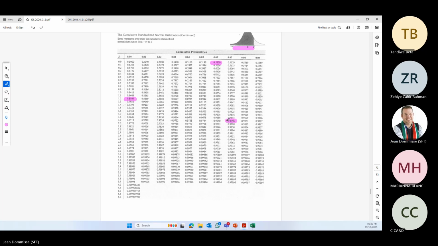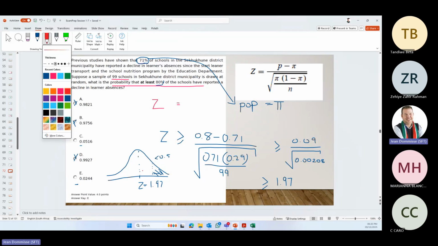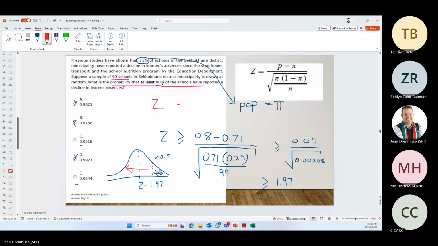So 0.9756. But that is this area, so look at where it is.